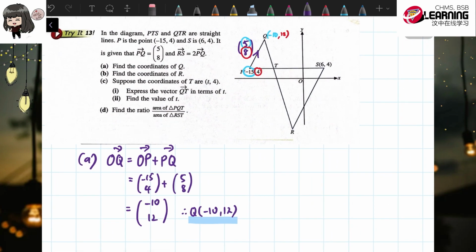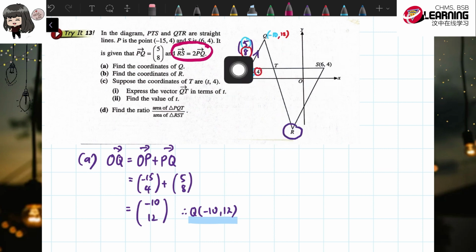Alright, so let's look at B. Coordinate of R. Your R is here. To find this coordinate of R, see what we have here. RS is equal to 2 times PQ. What you understand about this is RS is 2 times this PQ.